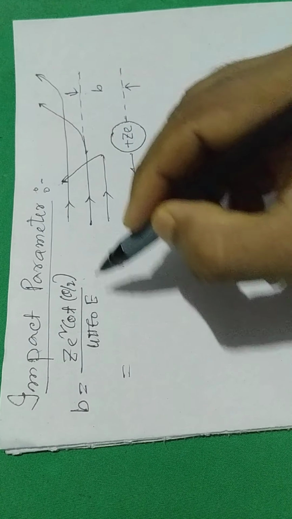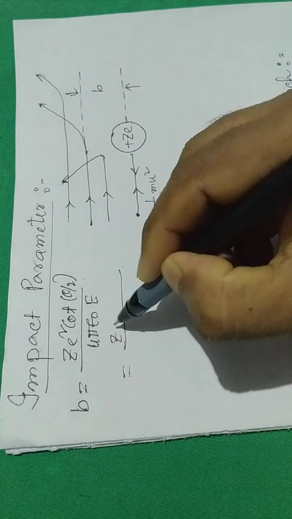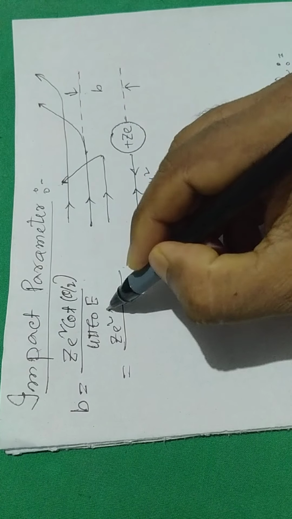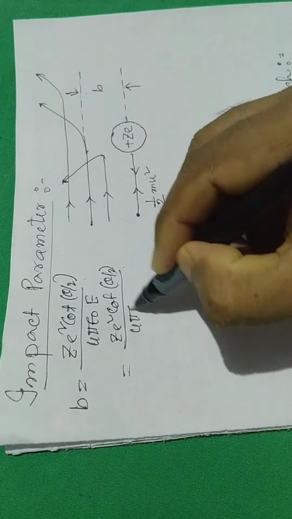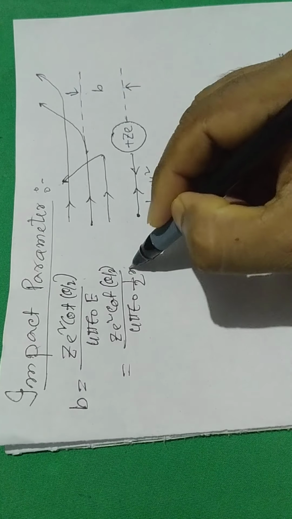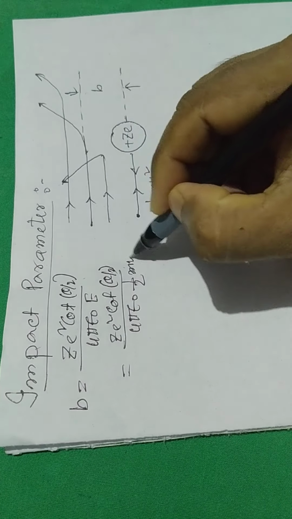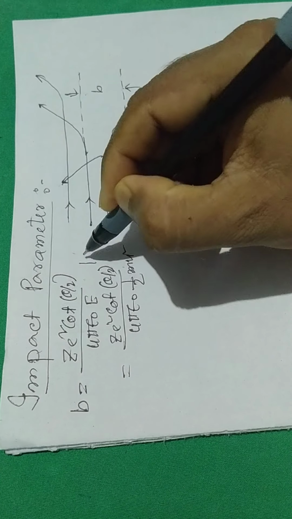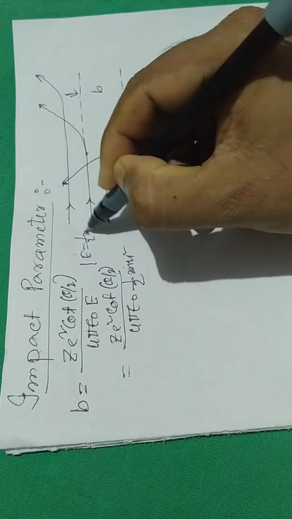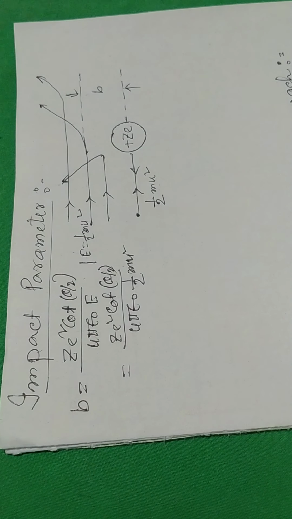So we can write b = Z e² cot(θ/2) / (4πε₀ · ½mu²). Here E equals ½mu².